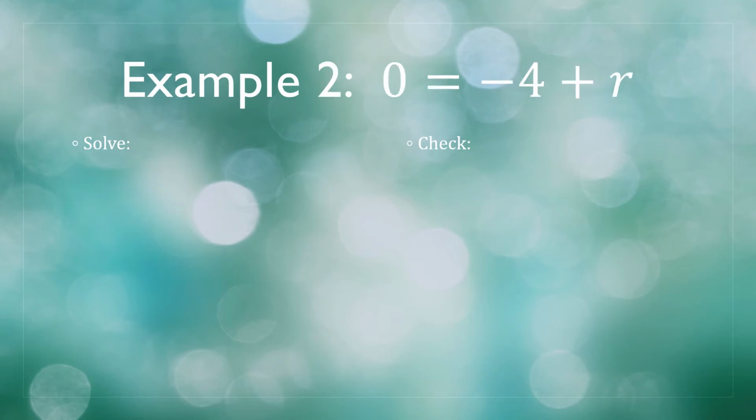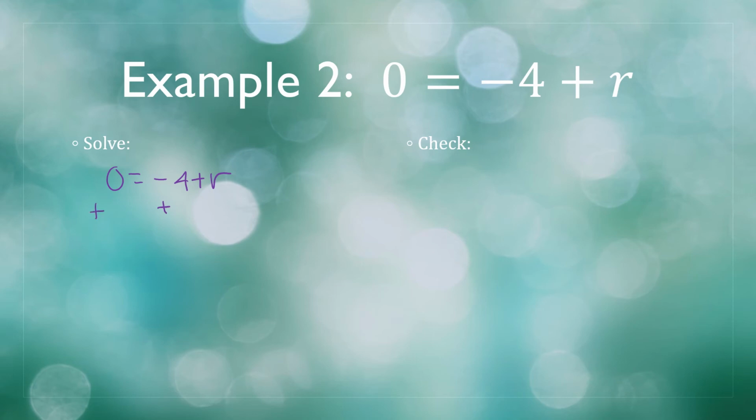This next example may look a little bit different than the first example, but we're still applying the same concepts. We have 0 equals negative 4 plus r. Instead of subtracting, we're adding a negative, in this case negative 4. When you're adding a negative number, we're still going to add something to both sides, because positive numbers and negative numbers are opposites.